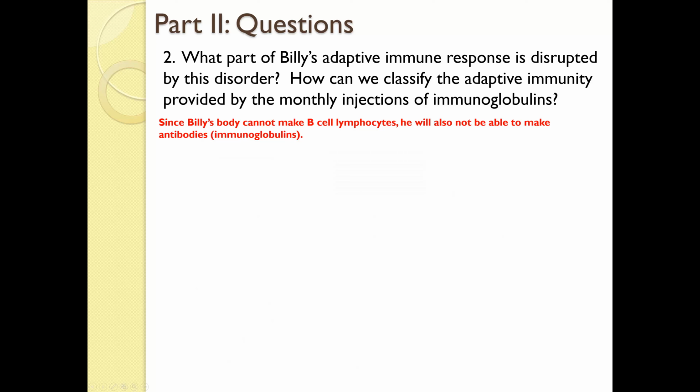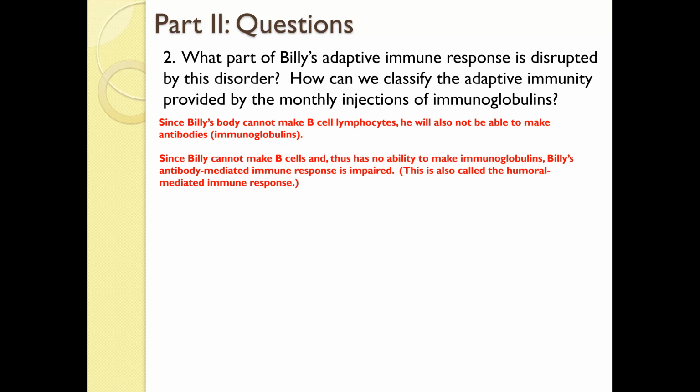And again, keep in mind that immunoglobulin is another term for an antibody. So they can be called antibodies or immunoglobulins. Since Billy cannot make B cells and thus has no ability to make immunoglobulins, Billy's antibody-mediated immune response is impaired. And the antibody-mediated immune response is also called the humoral-mediated immune response.